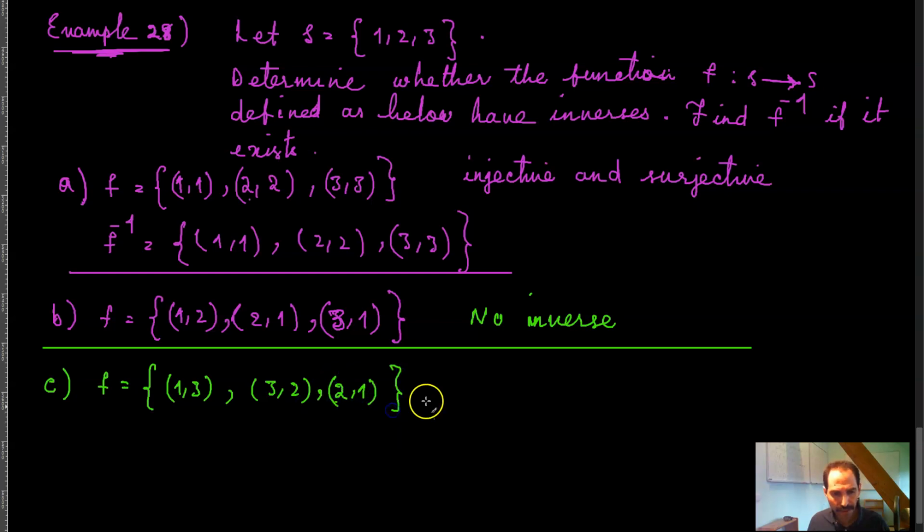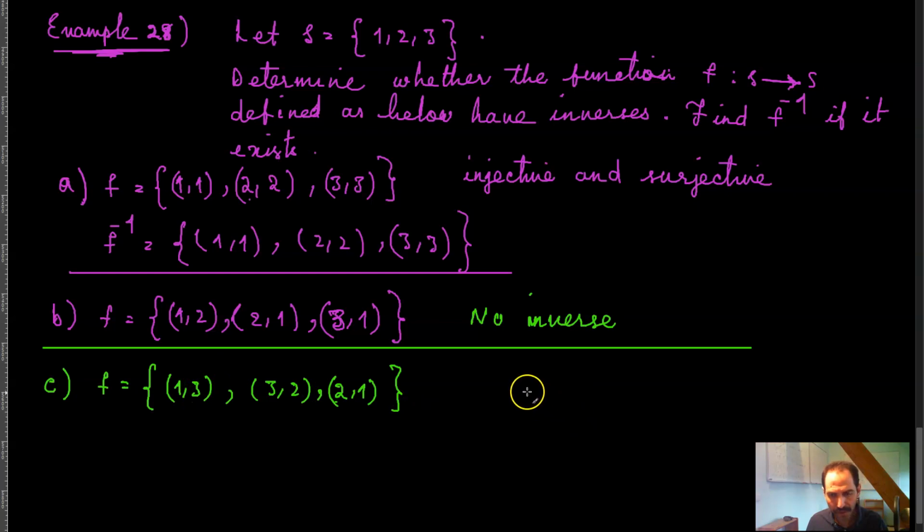So 1 to 3, 3 to 1... this is one-to-one and onto, meaning that all the first numbers in the ordered pairs are the elements of your domain, and all the second numbers are the elements of your codomain.